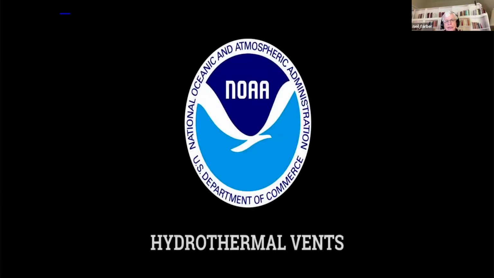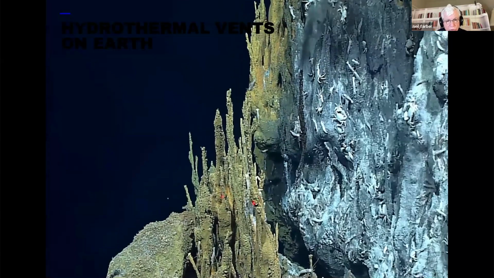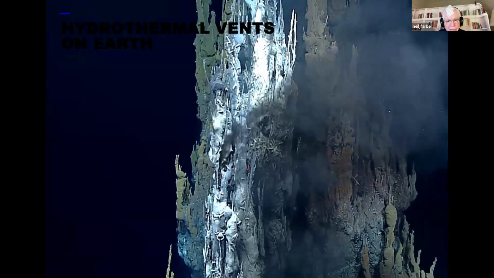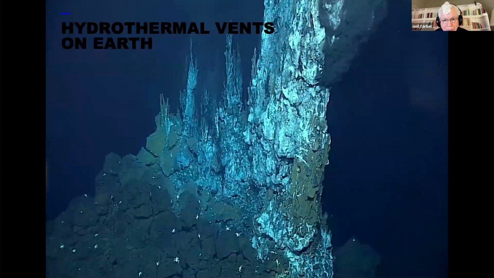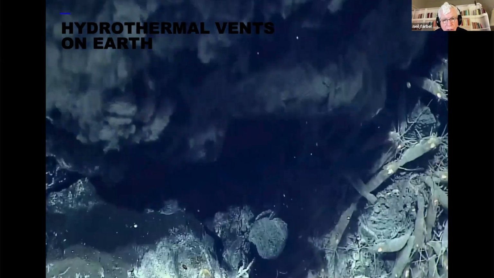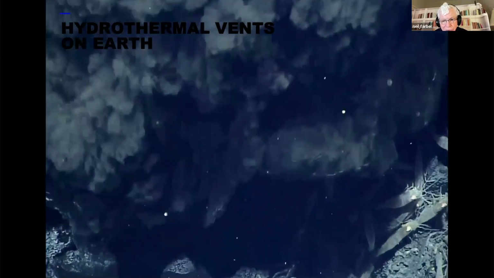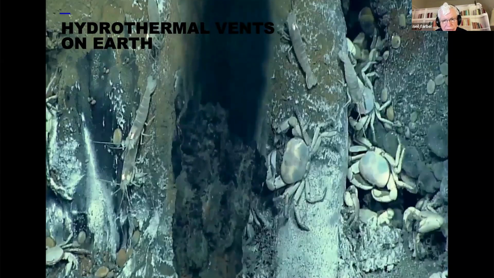Okay, so this is a video of hydrothermal vents at the bottom of the Pacific Ocean. This is real, it's recorded, but it was taken live. You see the material being spewed into these vents, but if you look close, you see all kinds of critters crawling along these vents.